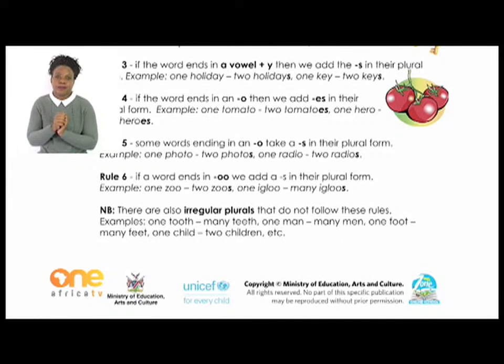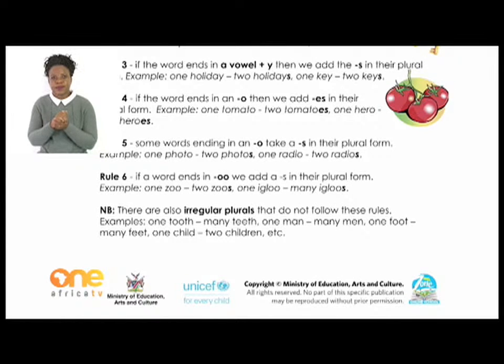For example, zoo. Zoo. Two zoos. One igloo. Many igloos. These nouns are ending with double O. Then we are just adding S as the plural.